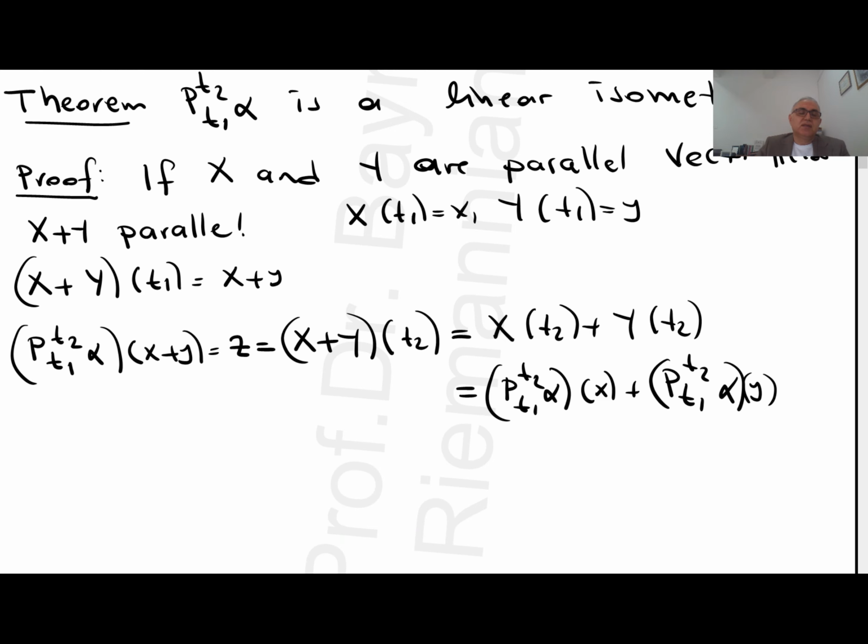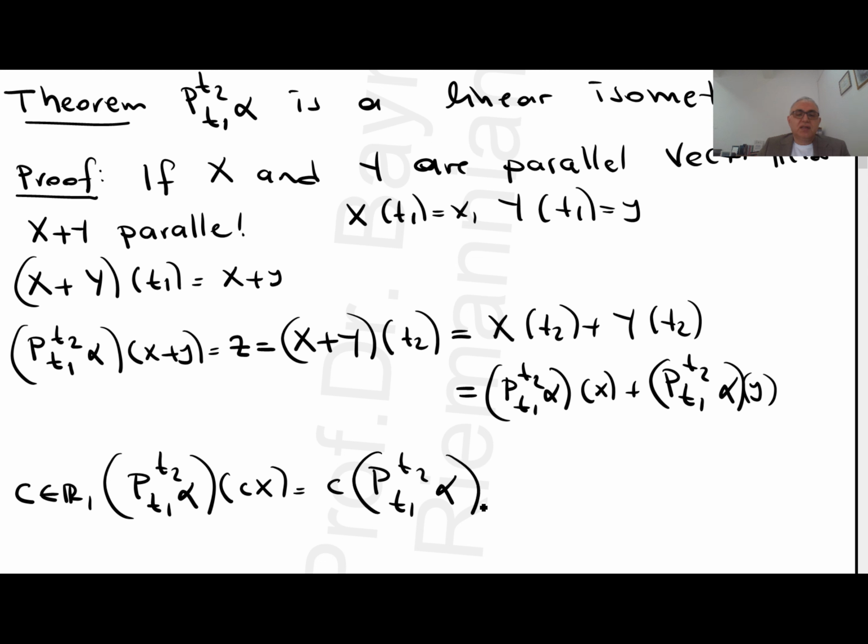Okay, so this is the first part. Also, if you choose this c, then P_{t1,t2}^alpha of c times x will be c times P_{t1,t2}^alpha x. So it's linear.